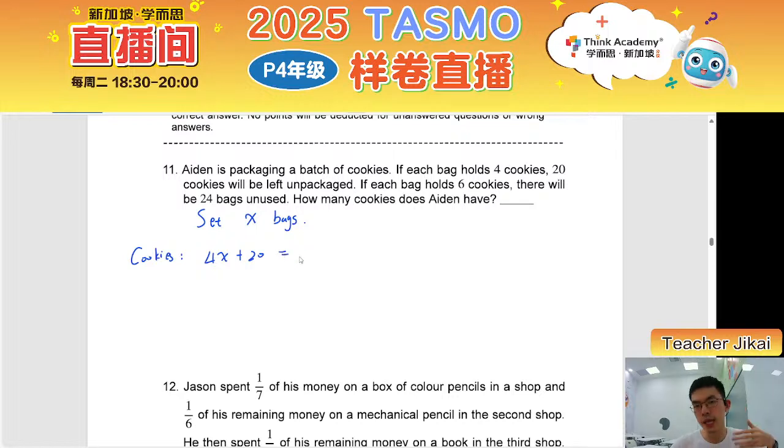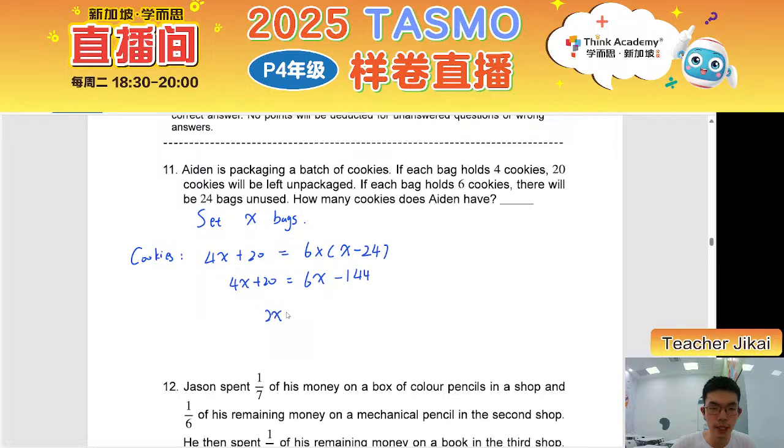Then he made each bag hold 6 cookies, so 6 cookies for each bag, and we know there are 24 bags unused. So it will be like this. We have built an equation based on the total number of cookies. So 4x plus 20 equals 6x minus 144.